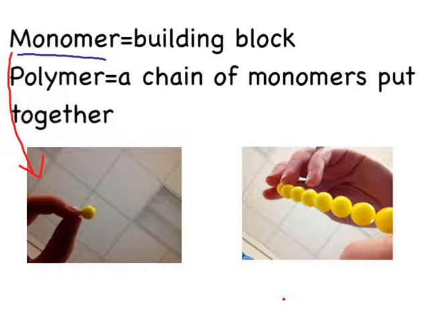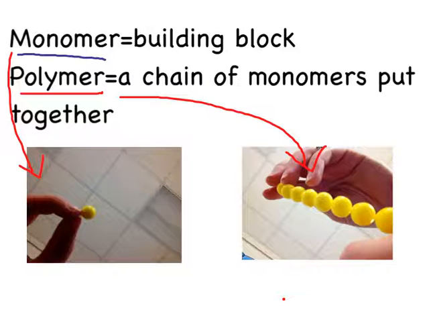It's this building block, the smallest unit of a molecule. A polymer is a chain of monomers that we put together. So when we put those beads together, we get what we call a polymer. So one monomer put together, a whole bunch of those, turns into a polymer. And those polymers are going to be our biomolecules that make up living cells.